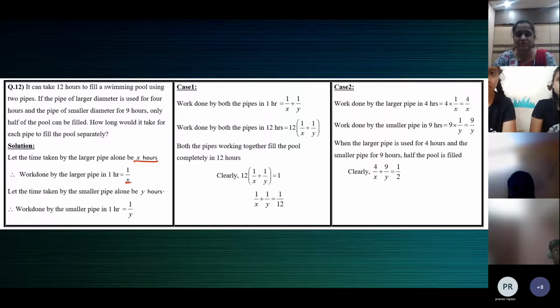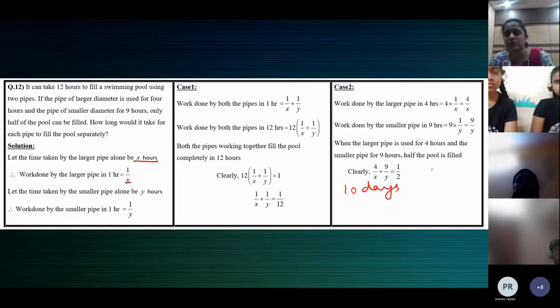We have seen this earlier. If you can finish a piece of work in 10 days, that means every day you complete 1/10 of the work.